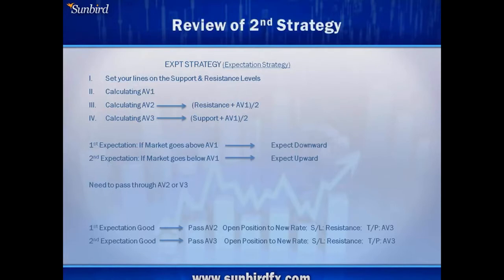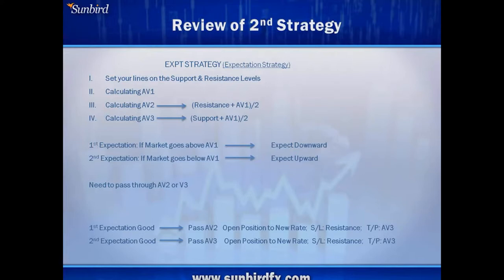Okay, moving forward. Let's review our second strategy, the EXPT strategy, which stands for expectation strategy. Again, we set up our lines on support and resistance levels and calculate average 1 like we saw previously. We then calculate average 2, which is our resistance plus average 1 divided by 2. When I say resistance plus average 1, it's our resistance rate plus our average 1 rate.